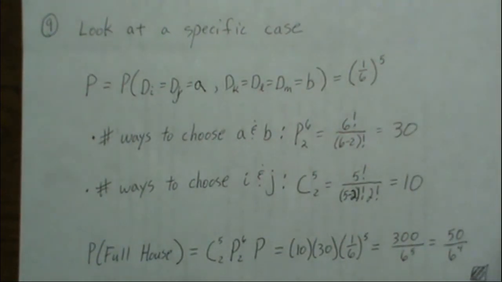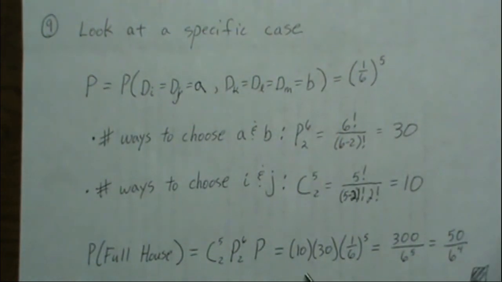So the probability that we have a full house is combinations 5 choose 2 times permutation 6 choose 2 times the probability of any one of those events, which is this. So the probability is 10 times 30 times 1/6 raised to the 5th, which can be written as 50 over 6 to the 4th.